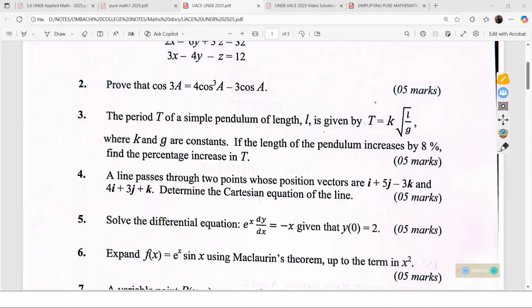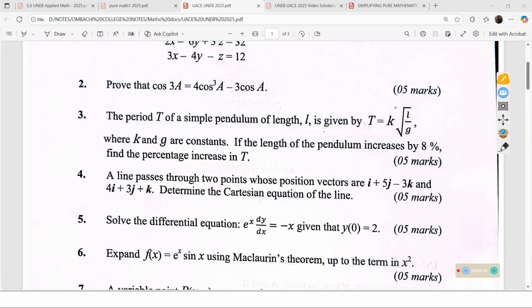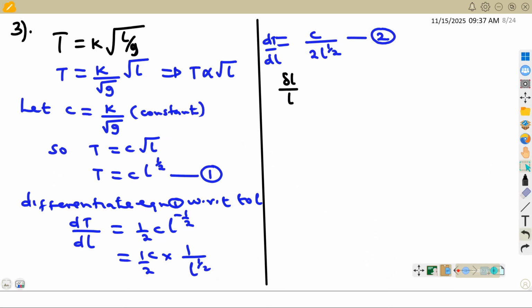But from what we are given, the length of the pendulum increases by 8%. So we are given delta L over L, the rate of increase in length L. The increase in length L is 8%, which is the same as delta L divided by L being 8 over 100.